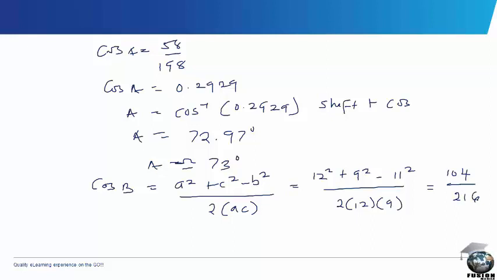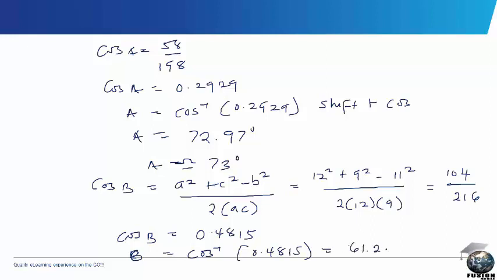104 divided by 216 will give us that cos B is equal to 0.4815, so B will be equal to cos inverse of 0.4815. When we take shift cos of that, we have 61.21 degrees, which is approximately 61 degrees.